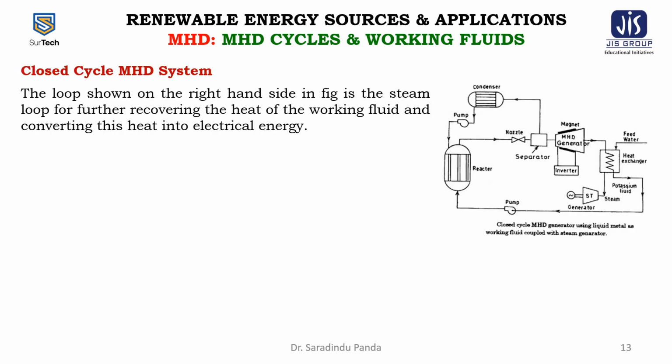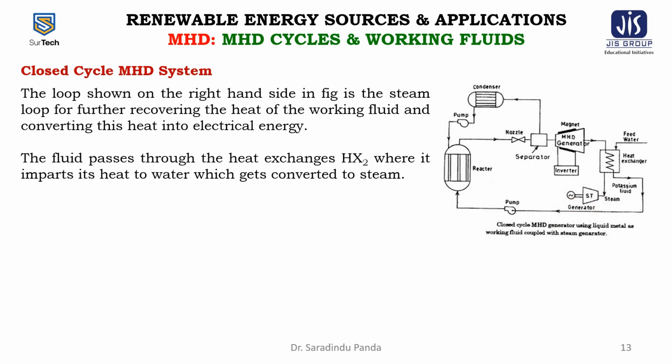The loop shown on the right hand side in the figure is the steam loop for further recovering the heat of the working fluid and converting this heat into electrical energy by the generator. The fluid passes through the heat exchanger HX2 where it imparts its heat to the water, which gets converted to steam.